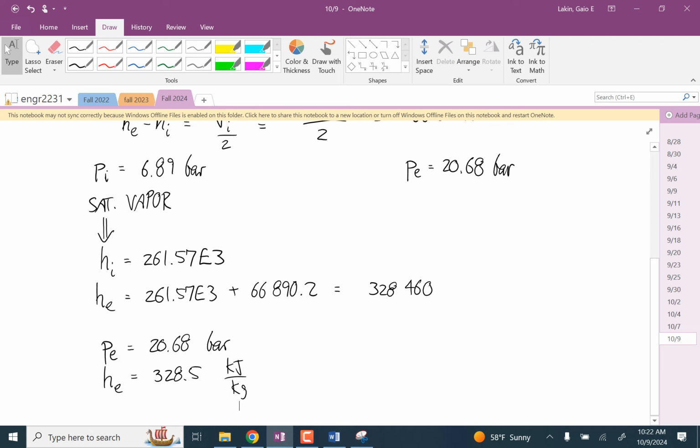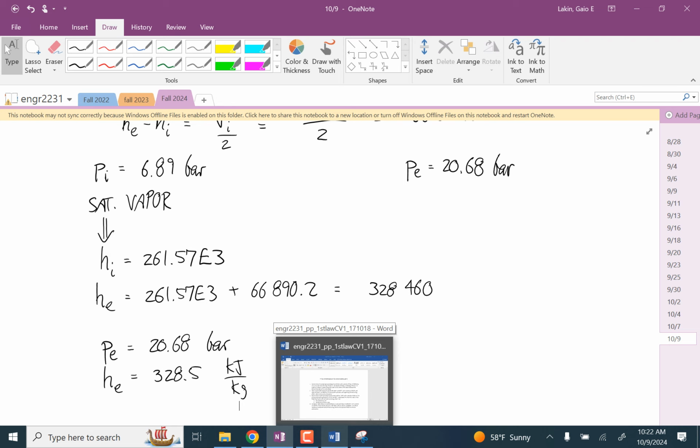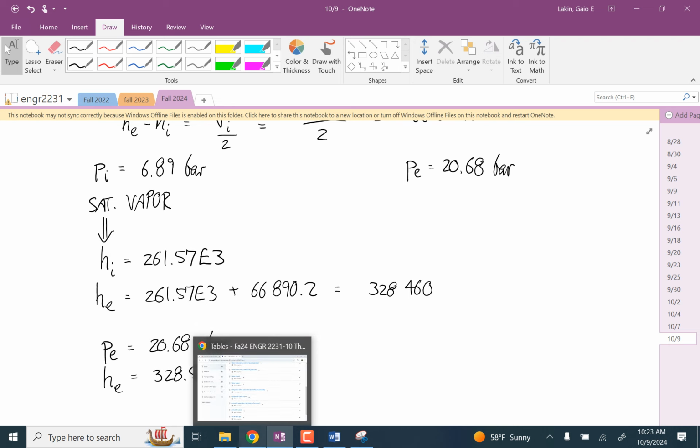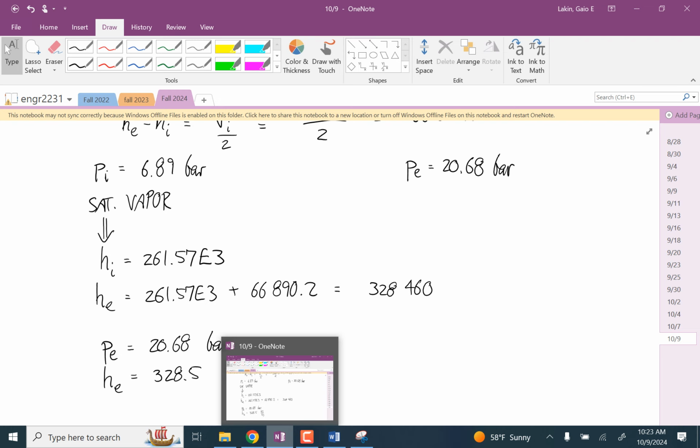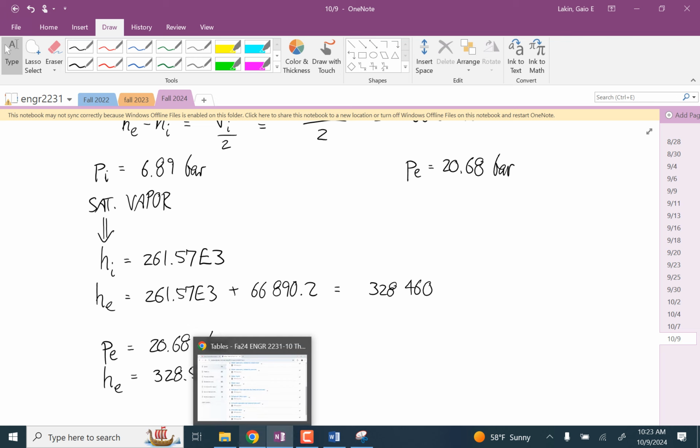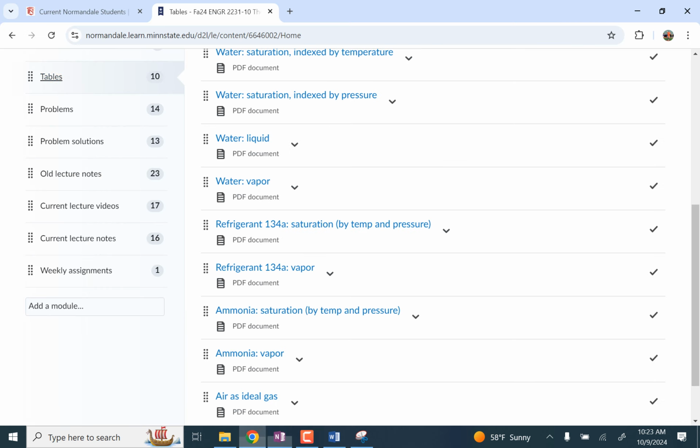So it's probably going to be either a saturated mix or a compressed liquid. But I guess you can always look in one table. If it isn't in the range in that table, then you know it's in the different phase. So let's try first.